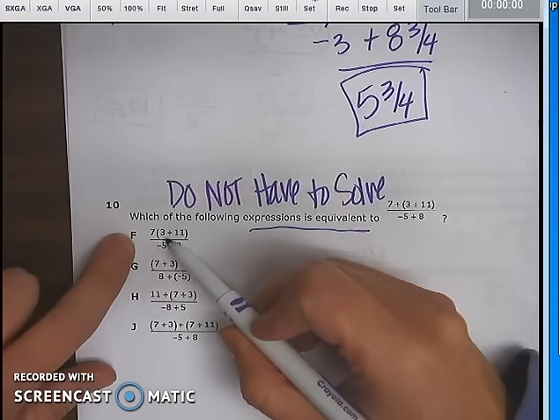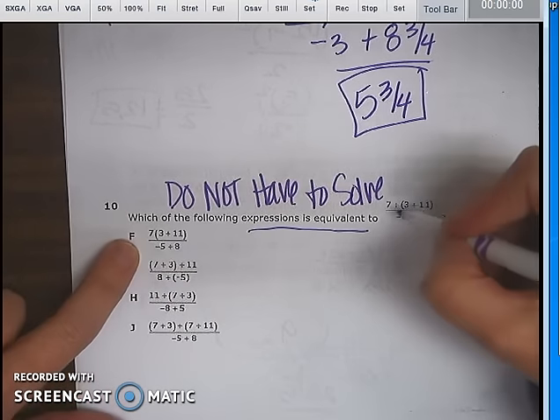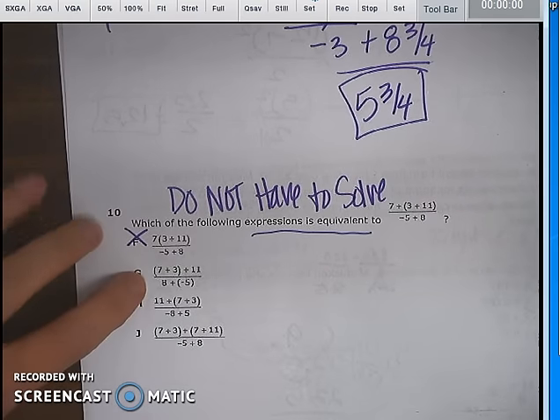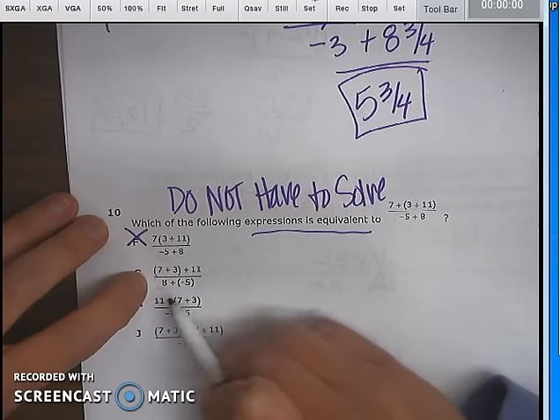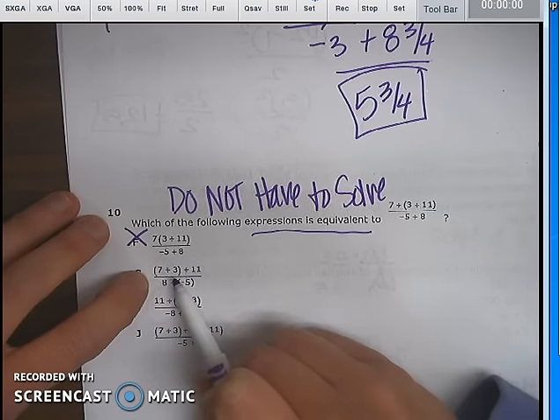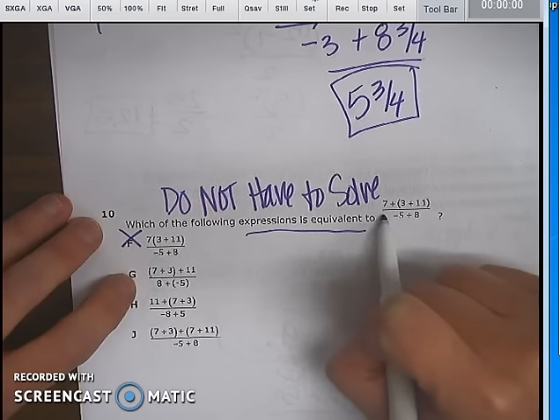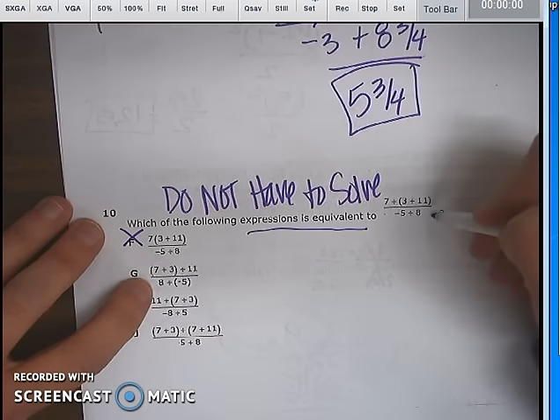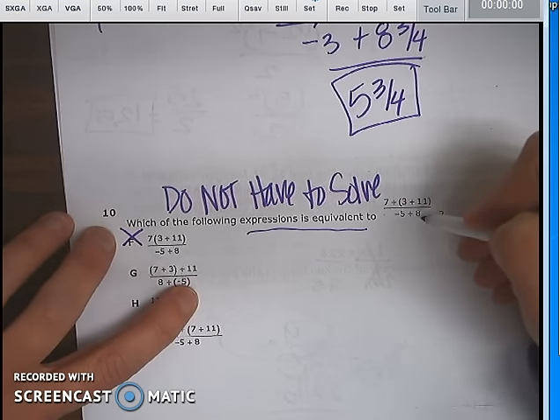Right here, why isn't this the same thing? Well, because they've taken this from adding to multiplying. No. Now, right here, this is looking okay. They've just used the associative property and grouped it differently. But 7 plus 3 plus 11 is the same thing as 7 plus 3 plus 11. Okay? Then they've taken +8, which you had +8, and you added a -5.